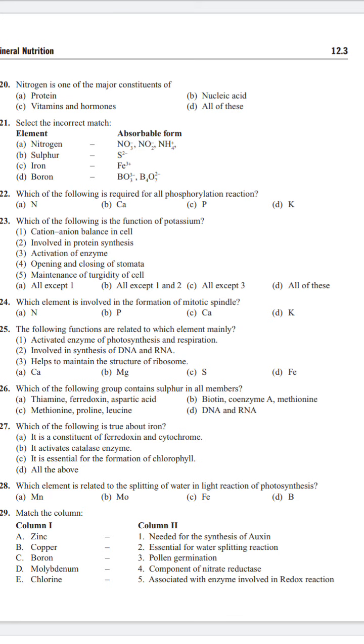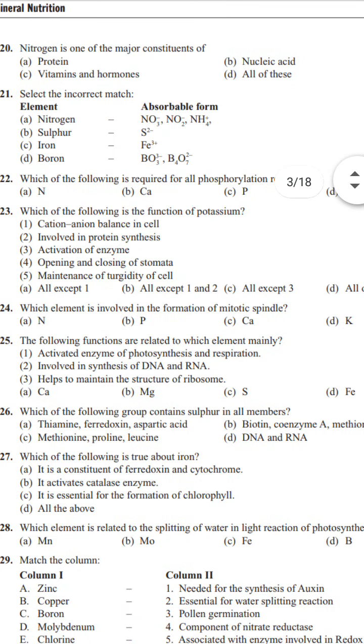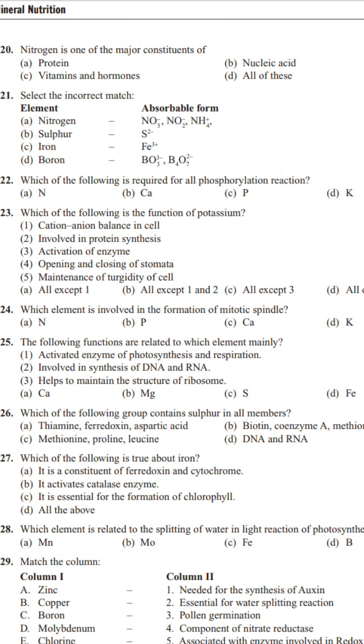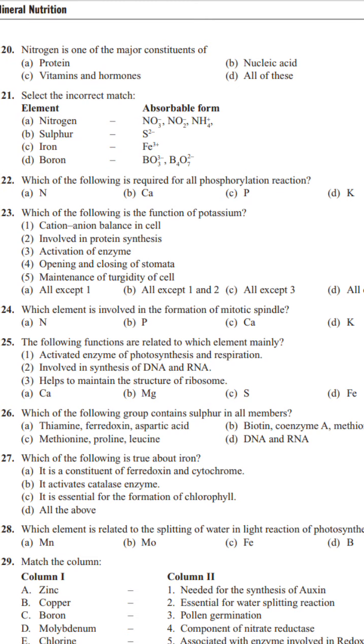Select the incorrect match: element nitrogen, sulfur, iron and boron, and the absorbable form for each one. Let us see the wrong one. The incorrect one is option B, sulfur. The given wrong form is S2 minus.